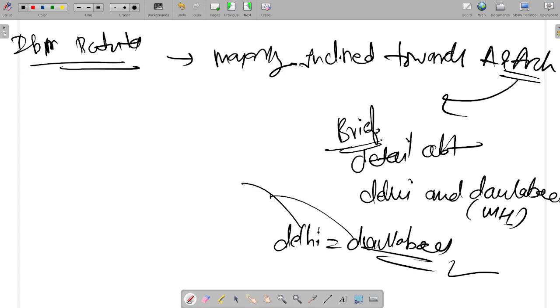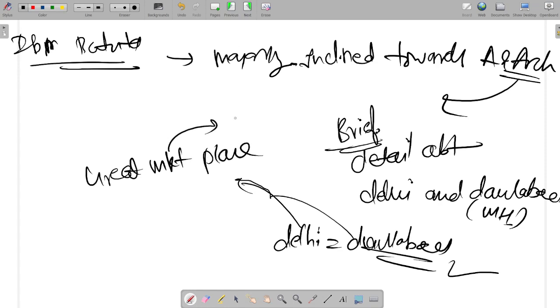The cities were a great marketplace. The marketplaces were not only for social but cultural exchanges also.